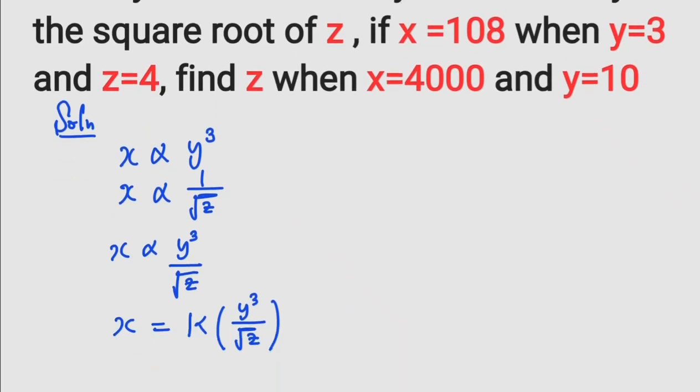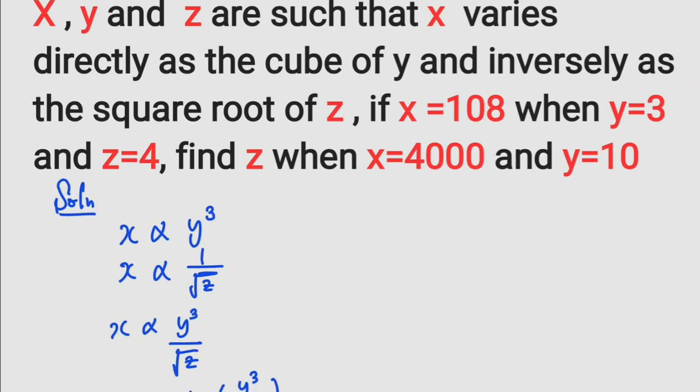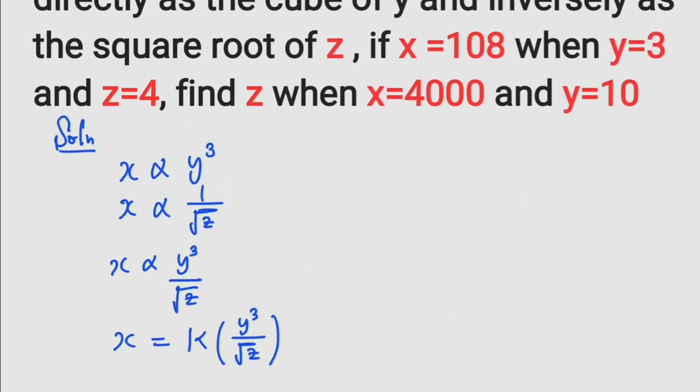Now we are told that if x is equal to 108 and y is equal to 3, then z is equal to 4.